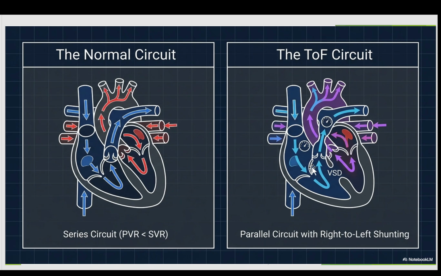But in the TOF circuit, the blood faces resistance in the stenosed pulmonary circuit, and as a result the pressure rises in the right ventricle, causing pressure overload and resulting in hypertrophy, and the blood is shunted out through the ventricular septal defect, plus the aorta is overhanging.